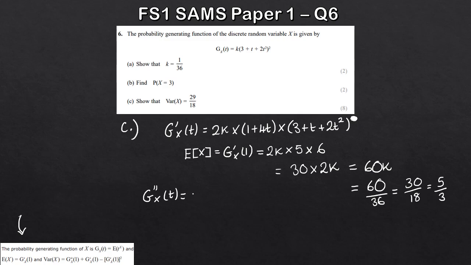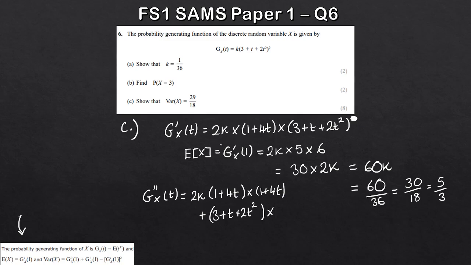So what would that be? That'd be 2k, 1 plus 4t, and then we're going to times it by the derivative of this, which would be 1 plus 4t. So that's the first part. And then all we do is add on this part times by the derivative of this. Just writing that first bit out, then we times it by the derivative of this part here. What would that be?